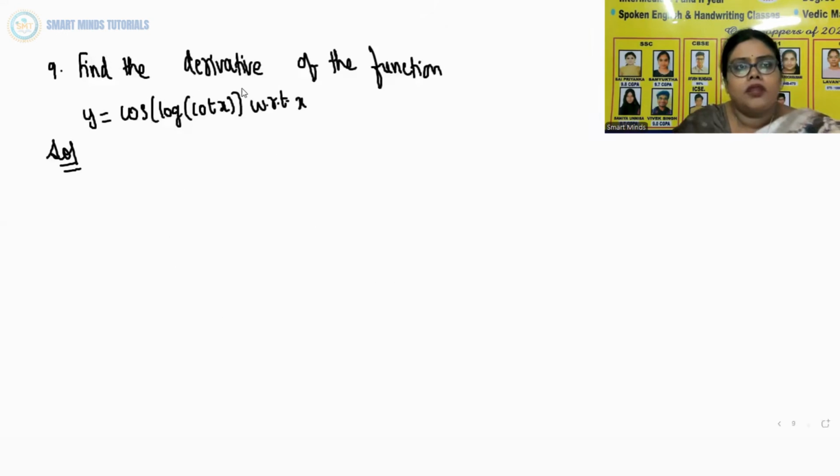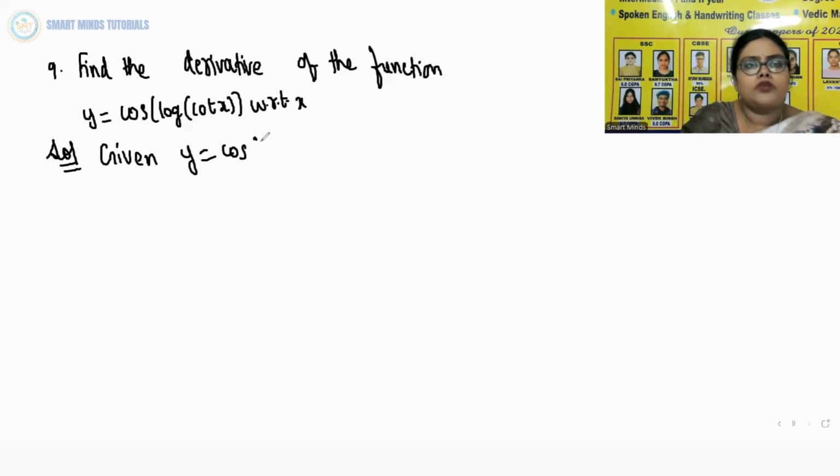Now take the next question. Find the derivative of the function y is equal to cos of log of cot x. So first let us write the given function. Given y is equal to cos of log cot x. Now differentiating with respect to x, again you can see this is one function inside the other.